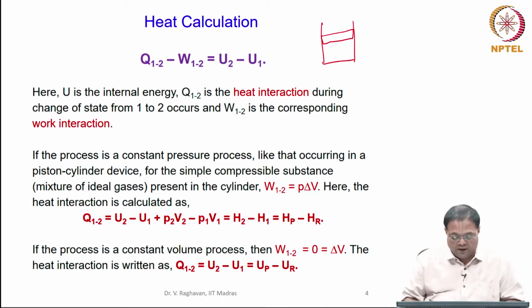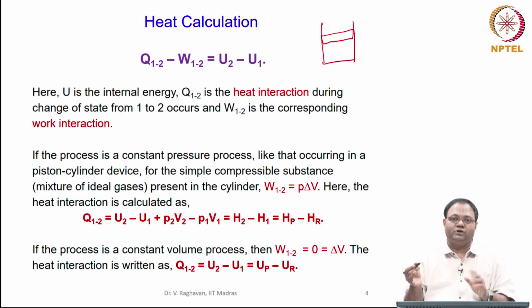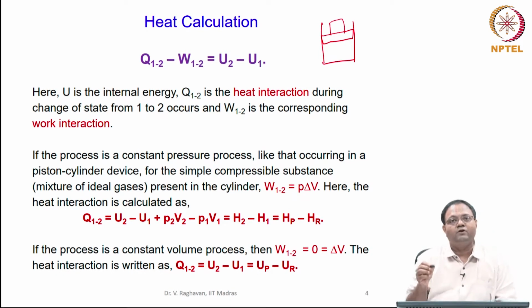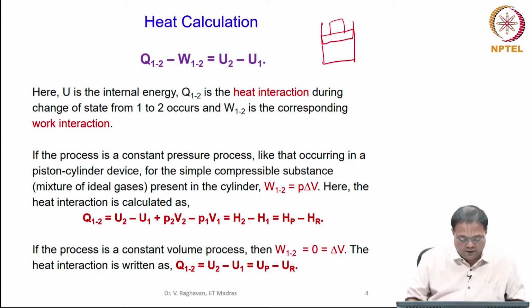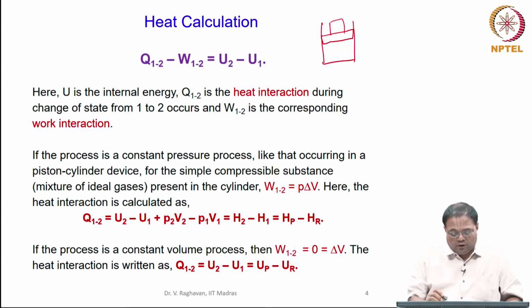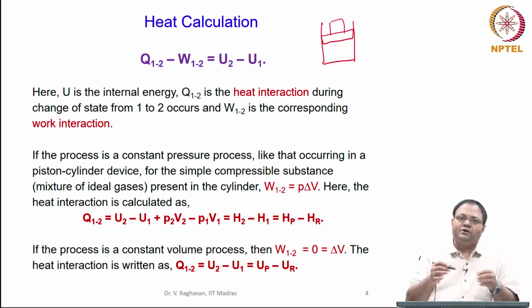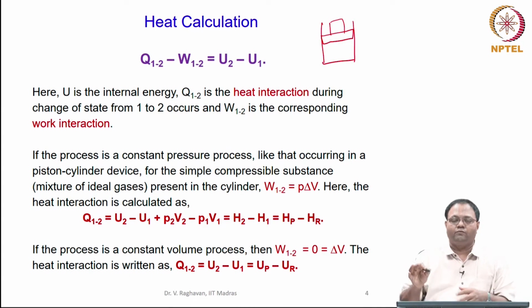If you take this device, the pressure is held constant because of the movement of the piston, and you can operate this at any pressure based upon whatever external load you have. So let us keep the pressure constant, say P. Initially the reactants are ideal gas mixtures, then products are formed.